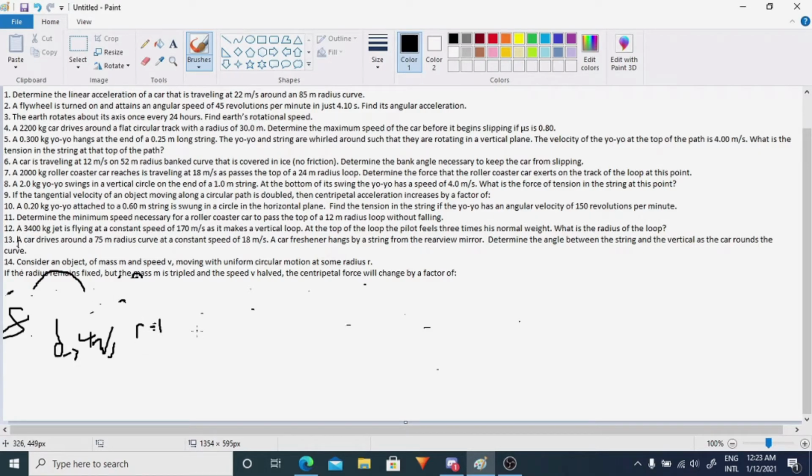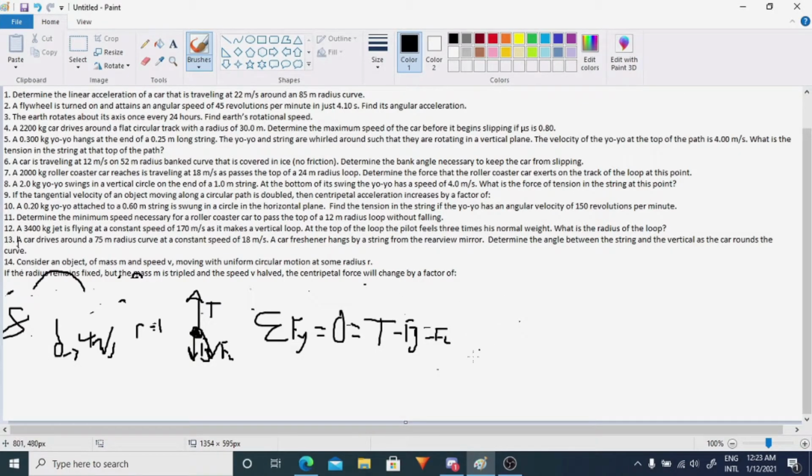Okay, so our free body diagram, the yo-yo: force due to gravity going downwards. Tension is now going upwards. The force centripetal, going away from the center of the circle, is also going downwards, meaning the sum of all forces in the y direction equals 0 equals tension minus force due to gravity minus force centripetal.